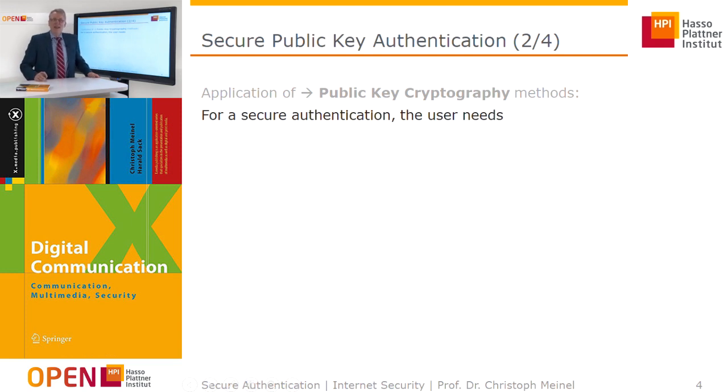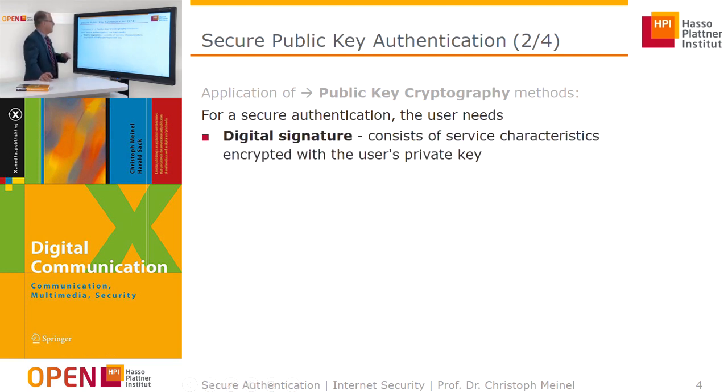So for a secure authentication, the user needs the digital signature. This is the service characteristics encrypted with the user's private key. There are data like name and other important things, and it is encrypted by means of the user's private key.